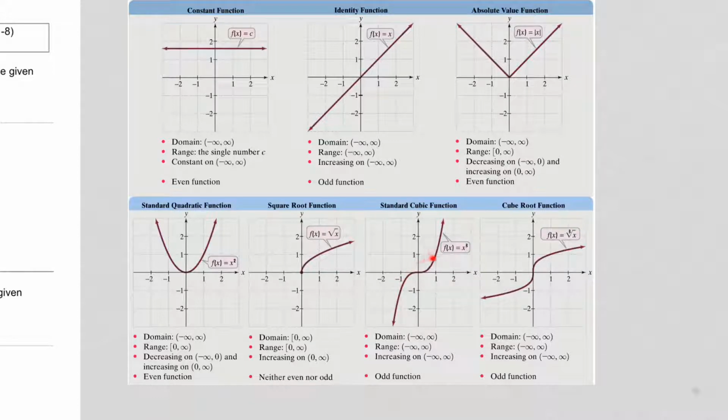Our cubic function looks like an S or a snake. Same thing with the cube root. Don't really use this one too much in this chapter, or at least in our presentation of this. So make sure you know these and you know how to recognize them.